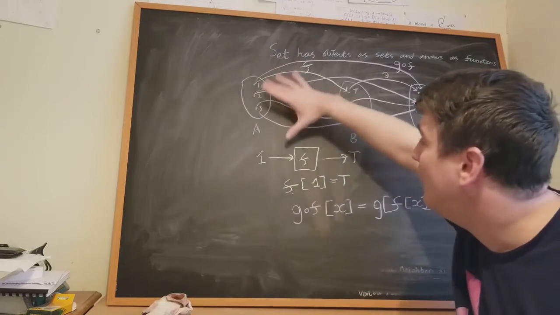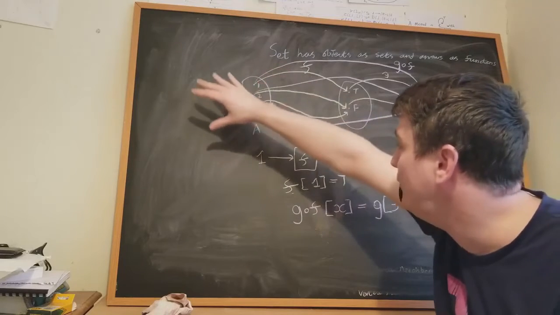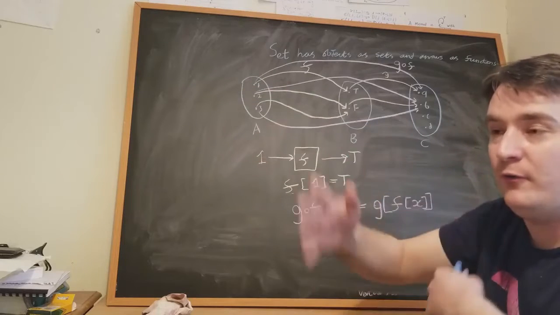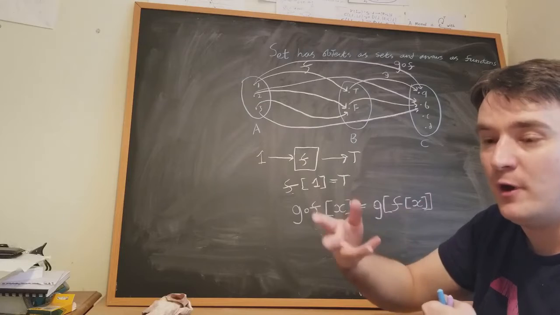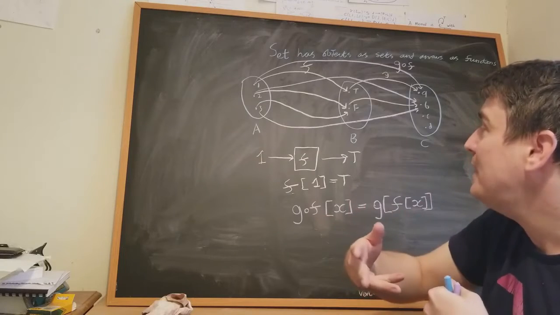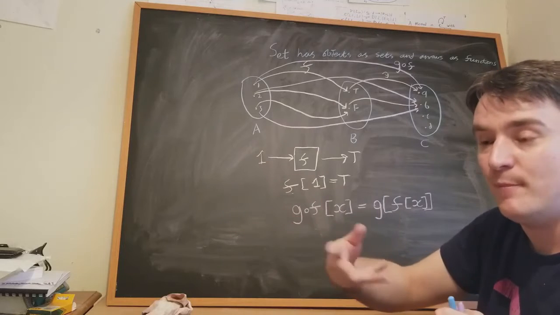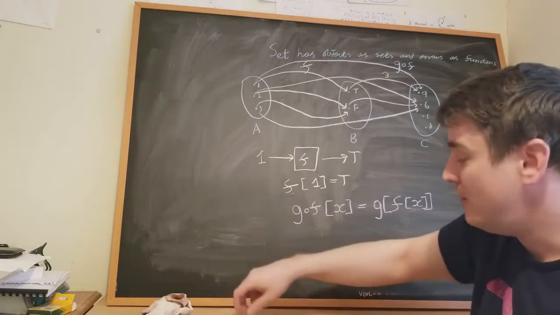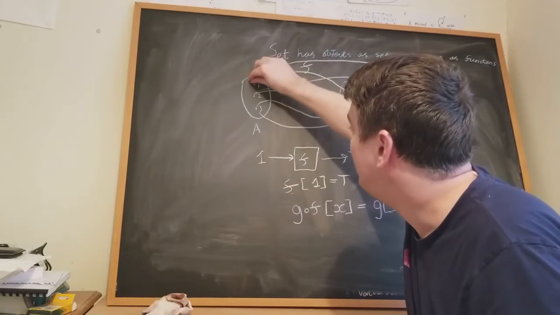In our case, these objects are sets, so we need some kind of function that goes from a set to itself. It has to be like a do nothing function, because if we compose it with other functions, we just get the other function back. And such functions are called identity functions or identity maps.